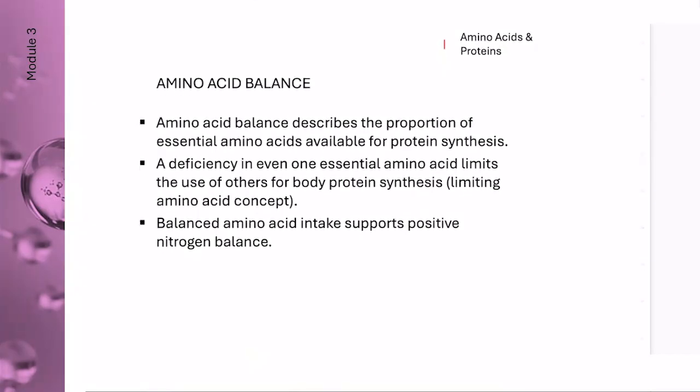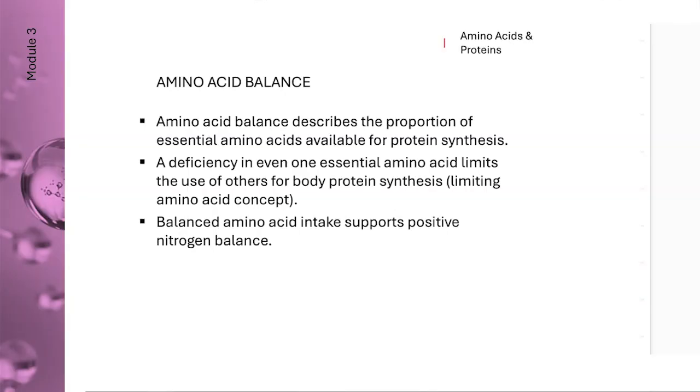Another important concept that we often talk about is amino acid balance. And what is amino acid balance? It's used to describe the proportion of essential amino acids that is available for protein synthesis.